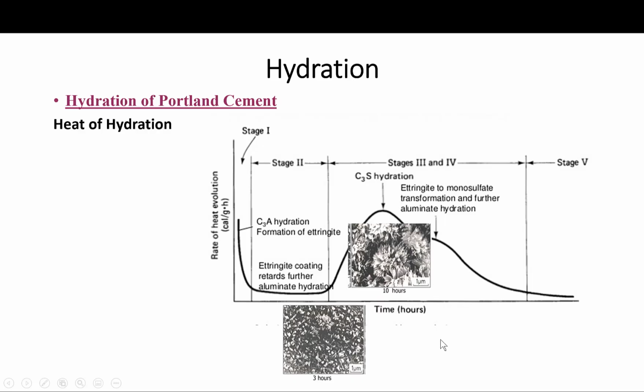So what I'm trying to do here is just relate what happens in the cement paste after we add water, what products form, and how it relates to this heat of hydration curve.